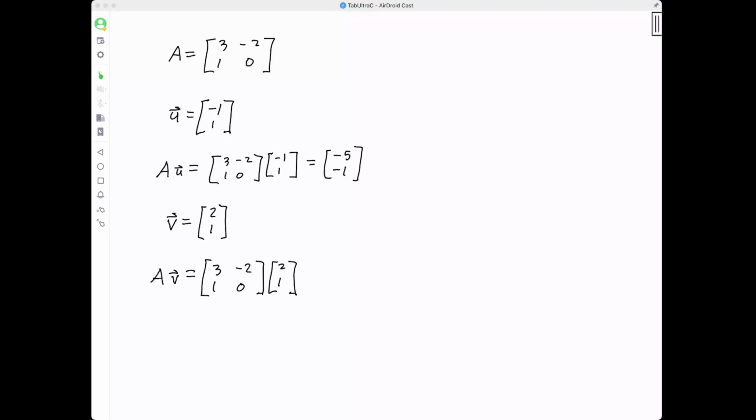If I multiply this out, I get 3 times 2 is 6, minus 2 times 1 is -2, 6 minus 2 is 4. And 1 times 2 is 2, plus 0 is 2. Notice that in this case, Av is equal to just 2 times the vector v. All this matrix multiplication did in this case is double the length of the vector v.